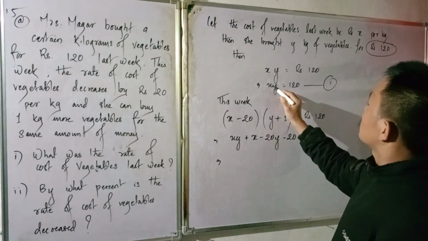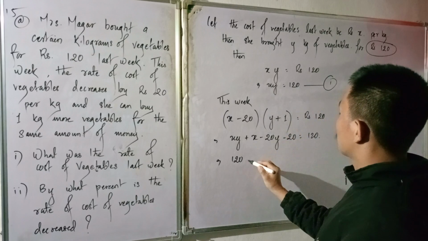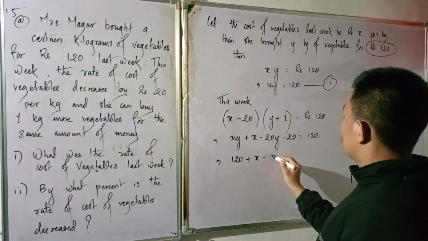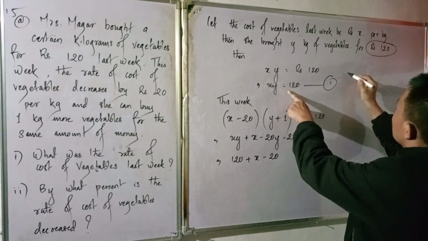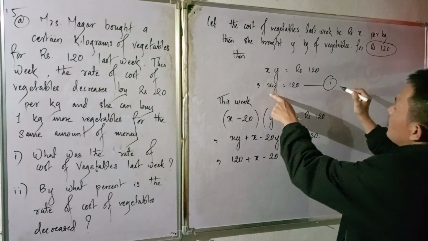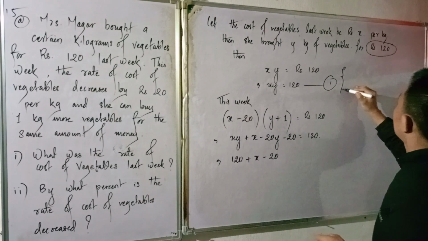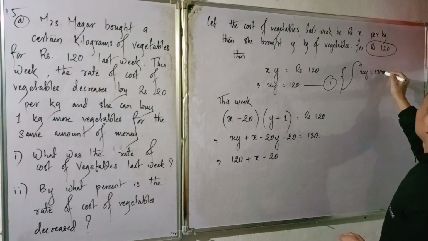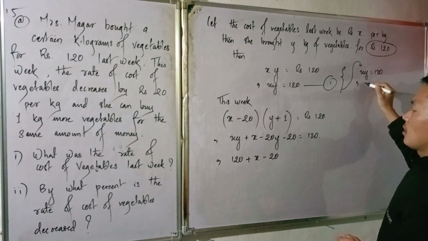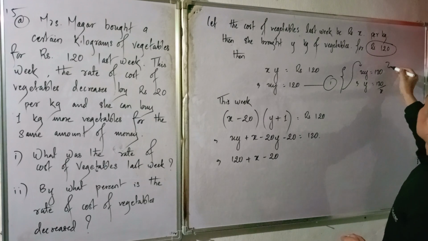So replace the value of xy by 120 from I, and x minus 20. From this you can further write xy is equal to 120 and y is equal to 120 by x.